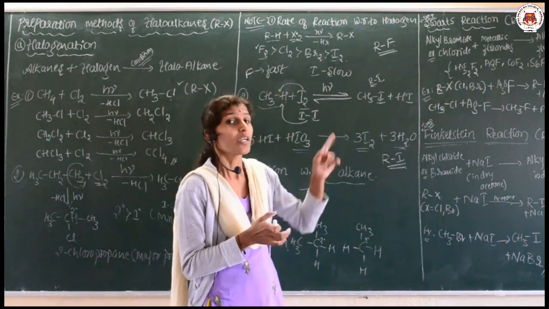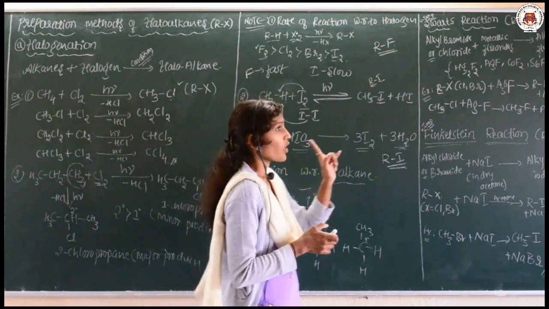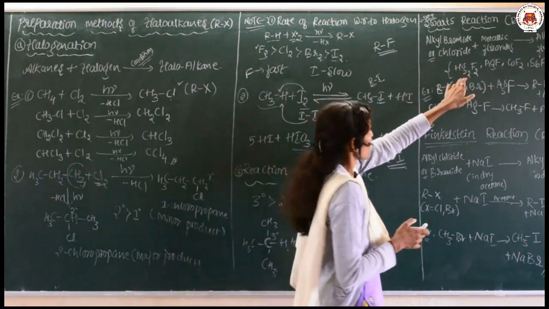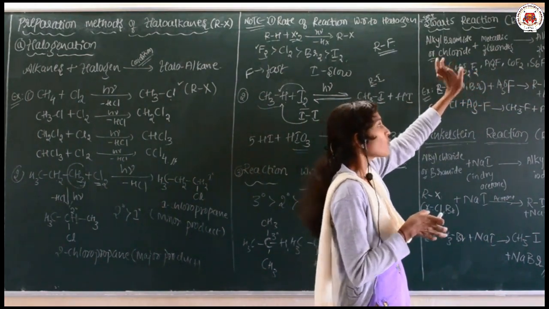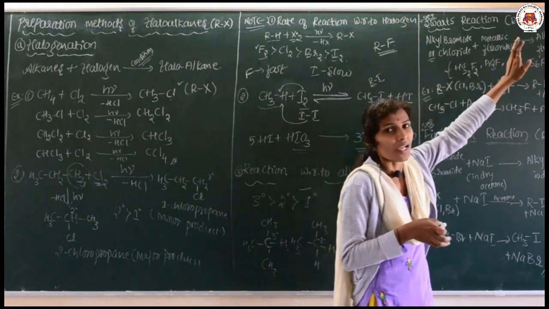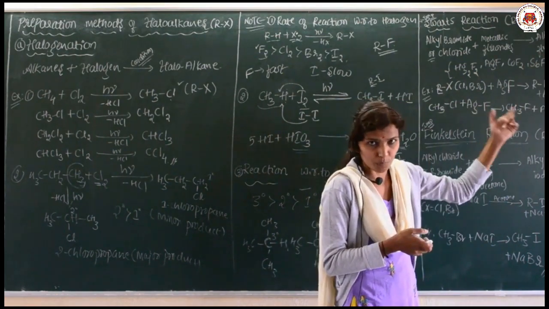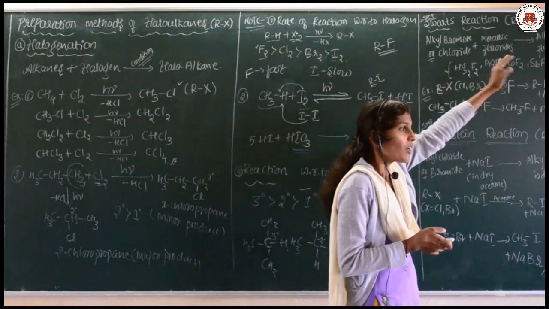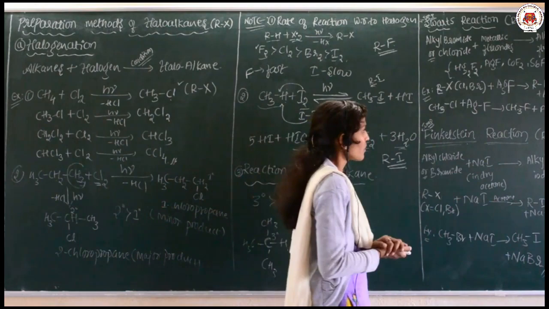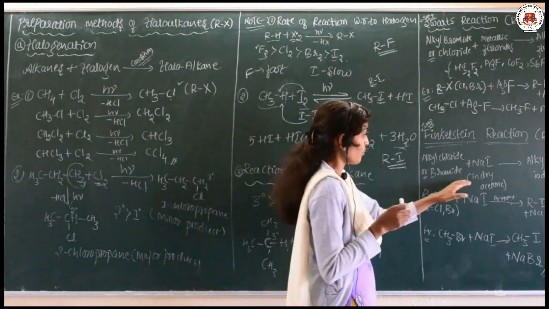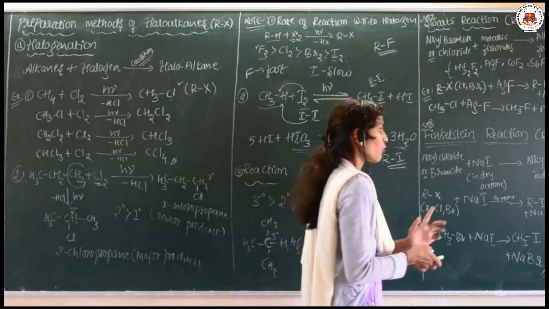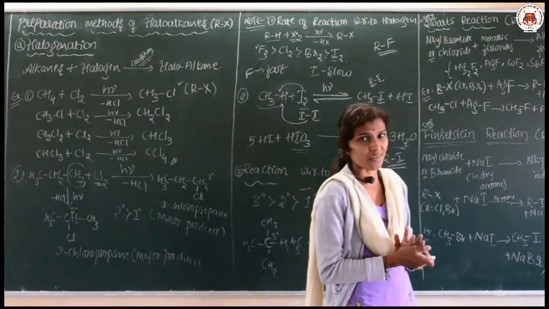In the Swarts reaction we use a metallic fluoride, so that you get alkyl fluoride as your product. In the Finkelstein reaction, you take sodium iodide, NaI, in presence of acetone, and you get the alkyl iodide.